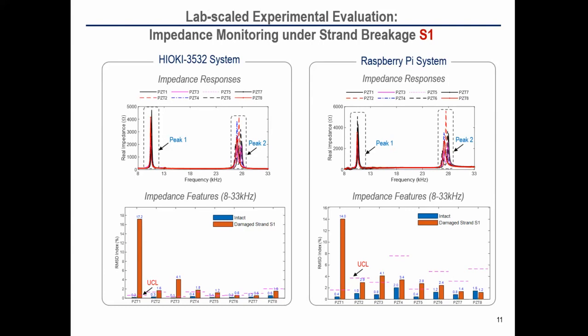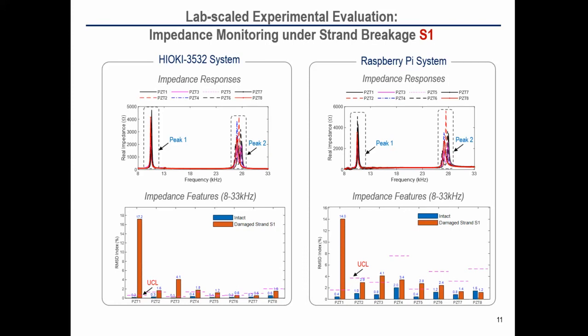This slide shows the experimental result of strand breakage monitoring under strand breakage at strand 1. As you can see here, in the impedance response of a PZT sensor, the peak position is similar between the two systems, although the magnitude of the peak is a bit different.